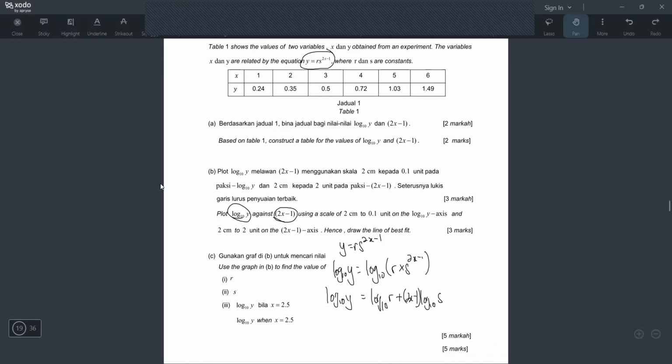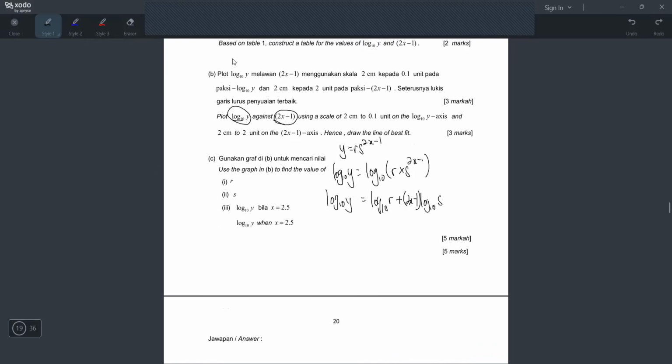And then now, just have to arrange. We just have to susun jadi linear form. So how to susun? Log 10y. So y equals mx plus c. And remember, your x-axis is 2x minus 1. So 2x minus 1 darab dengan log s, sama tak kalau saya tulis log s darab 2x minus 1? Sama kan? And then tambah dengan log r.